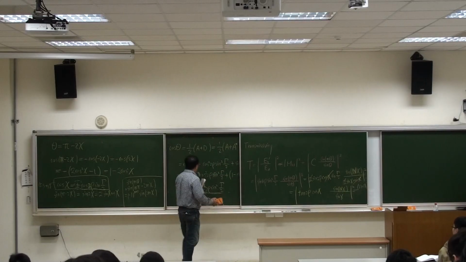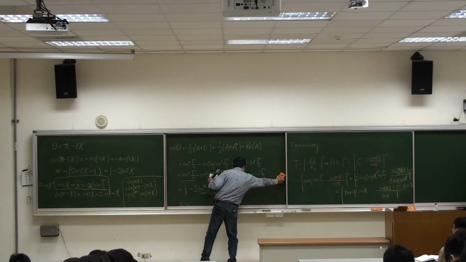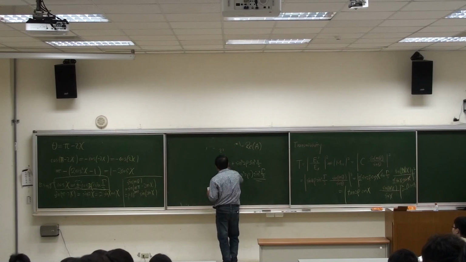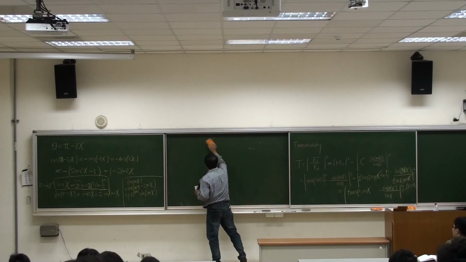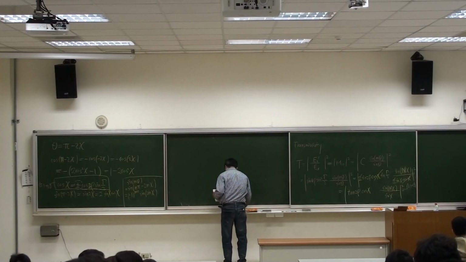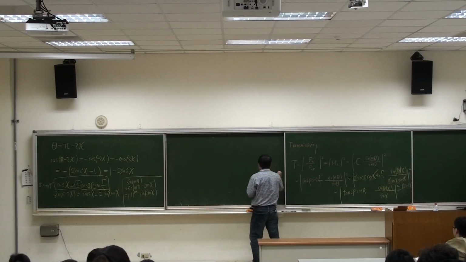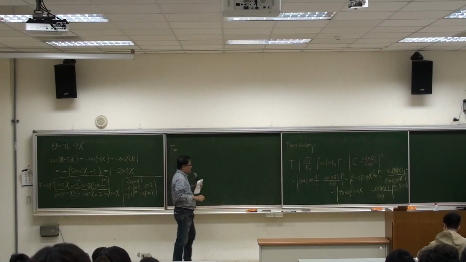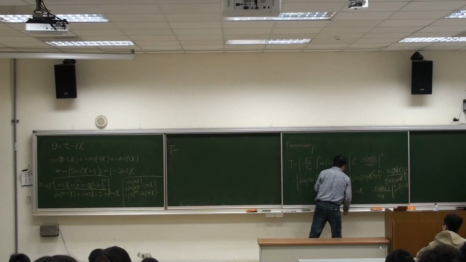Okay. So now T is written as, in fact, sine over cosine is tangent.